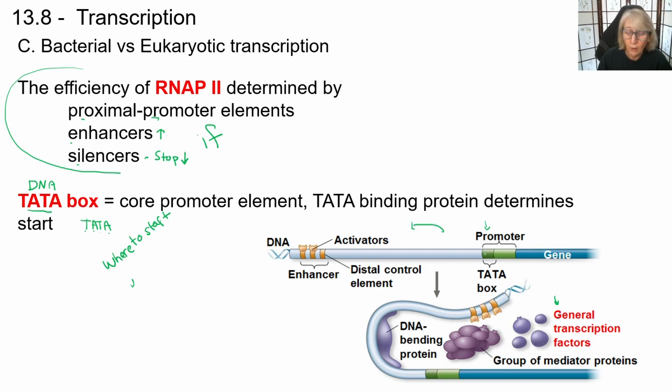Upstream, before I'm actually getting to this promoter region, I might have all of these far away control elements. They're distal control elements, and they may include regions of the DNA that bind to specific molecules like hormones or other things that your body is making that then will ultimately require the production of that gene's polypeptide.